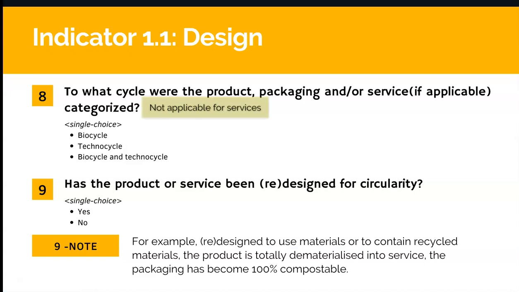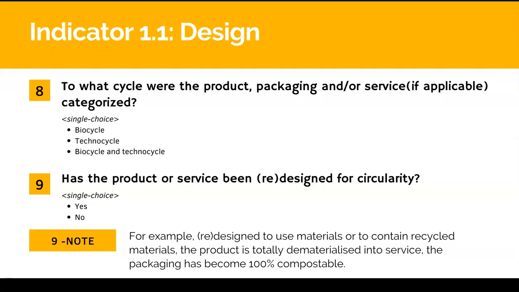The follow-up questions are asking to what cycle the product, packaging, and or service, if categorized, belong, whether it's the biocycle, technocycle, or both. Question 9 is concerned with whether the product or service has been designed or redesigned for circularity.